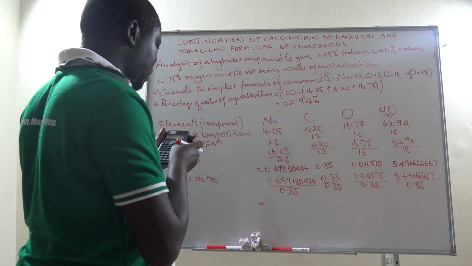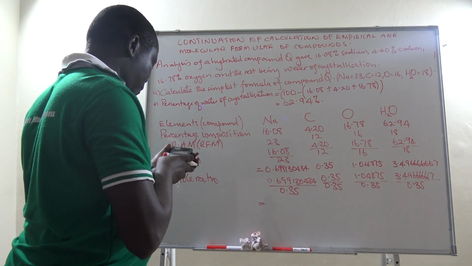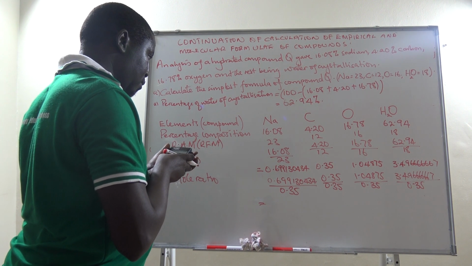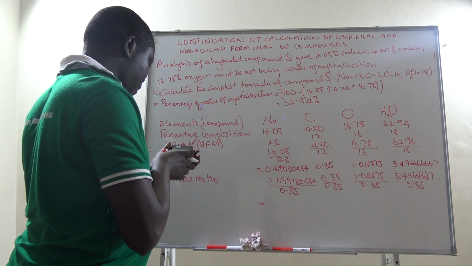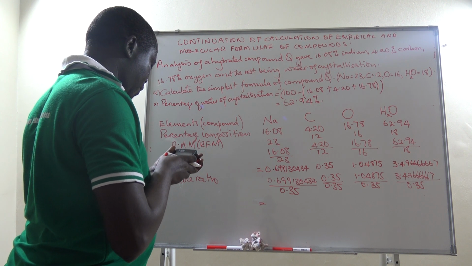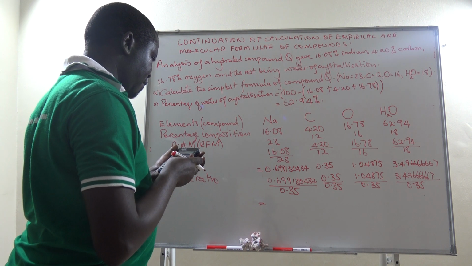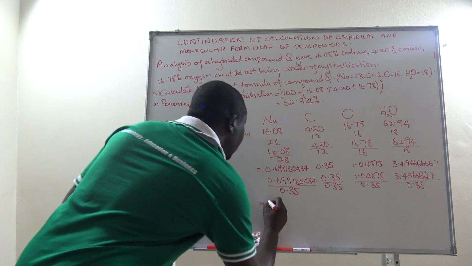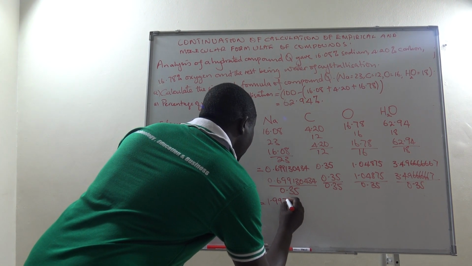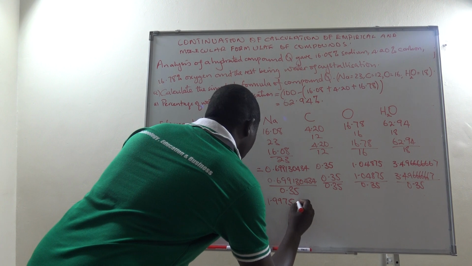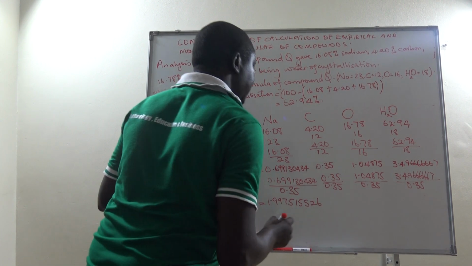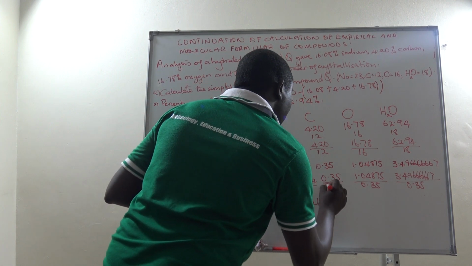So we have got 0.699130434 divided by 0.35. And here I have got 1.997515526. This one gives us exactly 1.